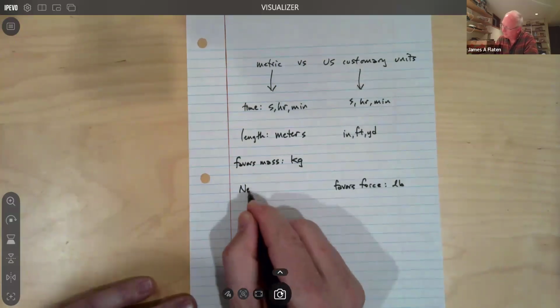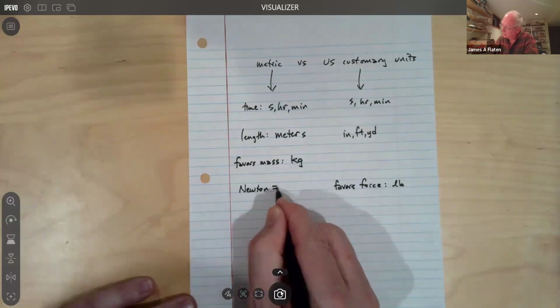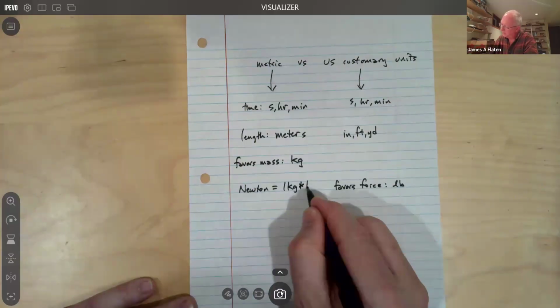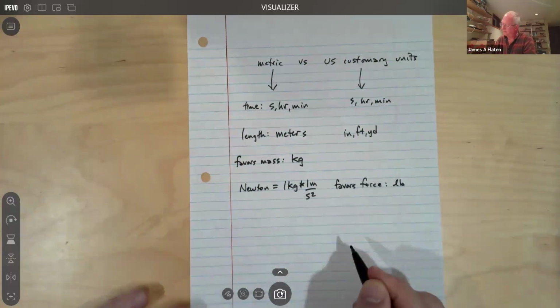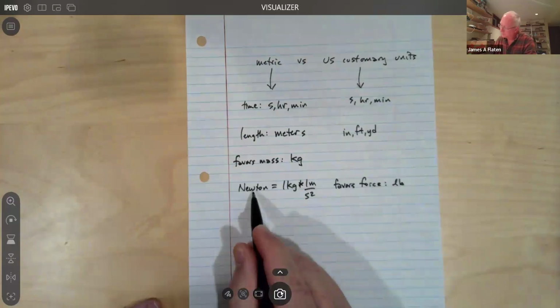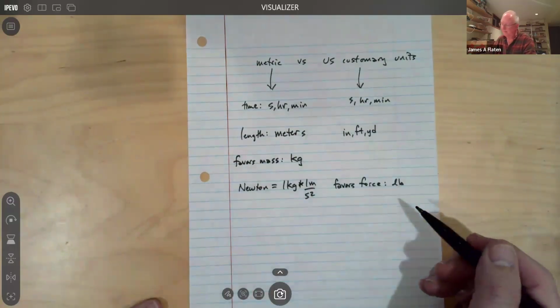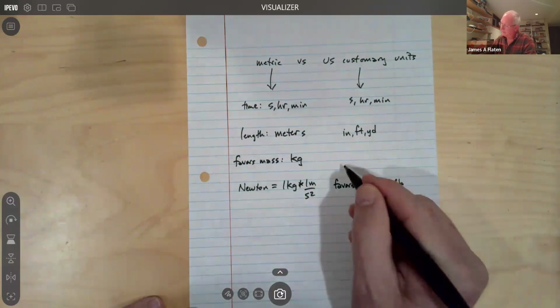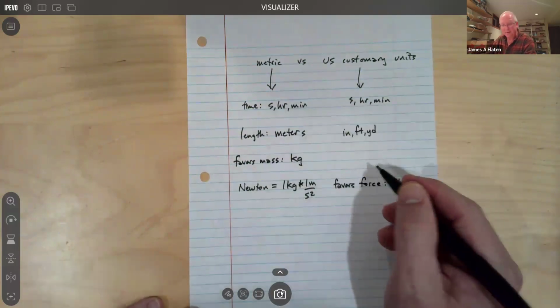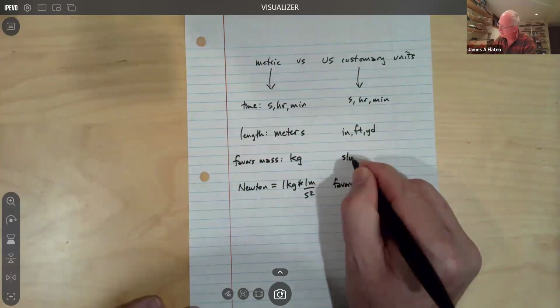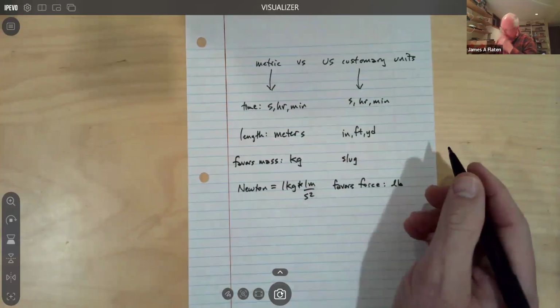So a newton equals 1 kilogram times 1 meter per second squared. So in other words, the force unit is calculated using things that are here, meters and seconds. On the other hand, the US customary system also has a unit of mass, and it's called a slug, and nobody ever uses it.